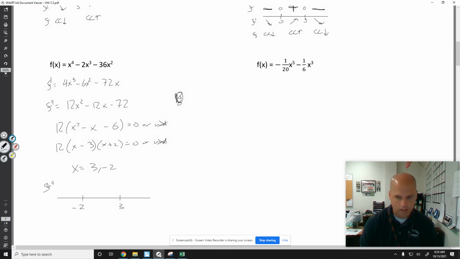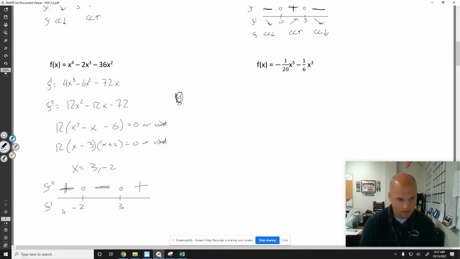Here's f double prime. I'll do a sign analysis. Zeros are here, so points of no concavity. Plug in something like 4 or 5, positives. Multiplicities are 1, so the signs are going to be changing.